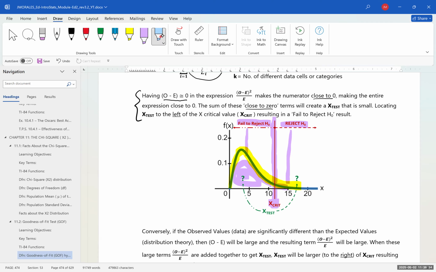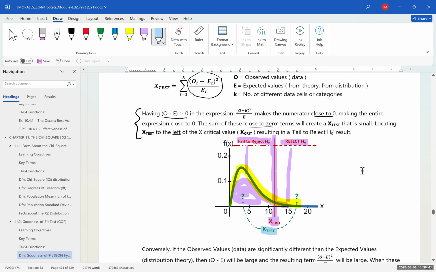What we need to do is calculate this test statistic using this formula up above, and see whether it lands on this side or that side of the critical value. Don't worry, the calculator is going to calculate this test statistic for you, but you will need to know what the observed values are and specifically what the expected values are, because you'll have to put those into your calculator.